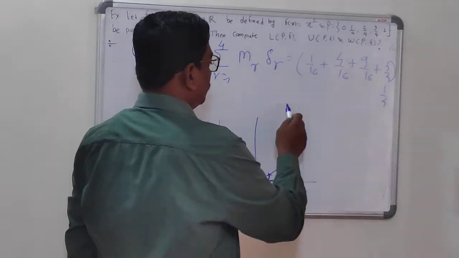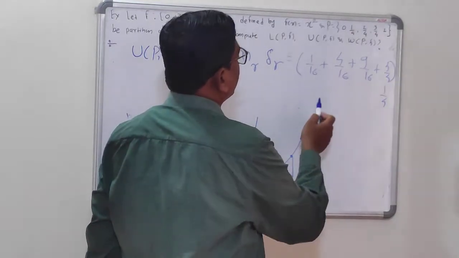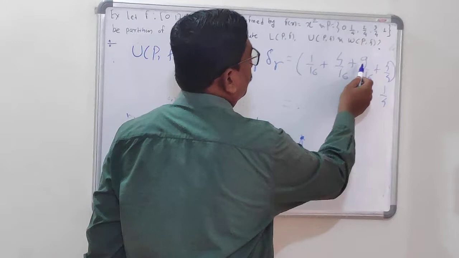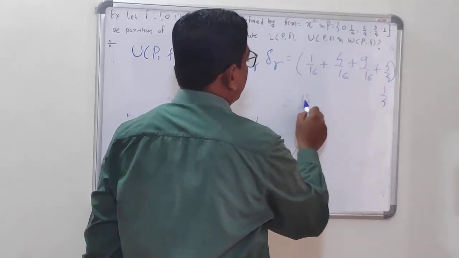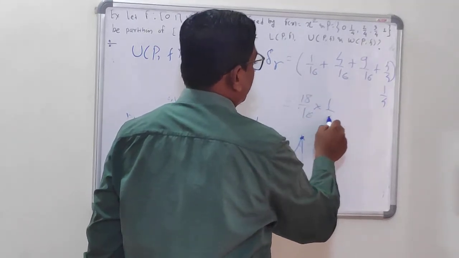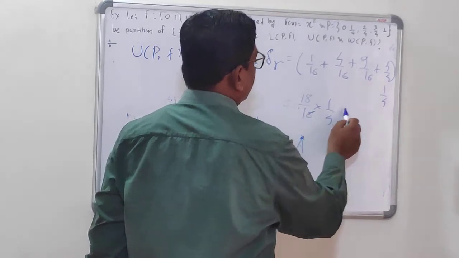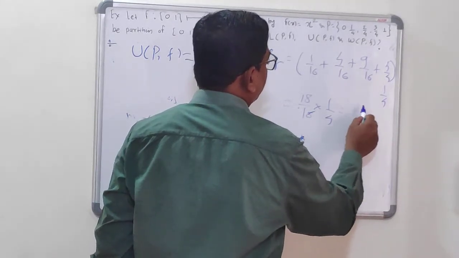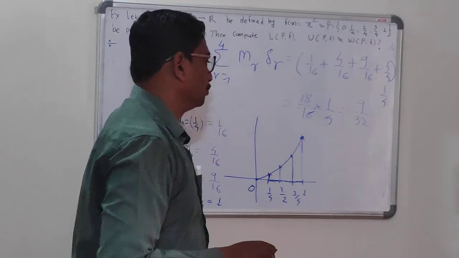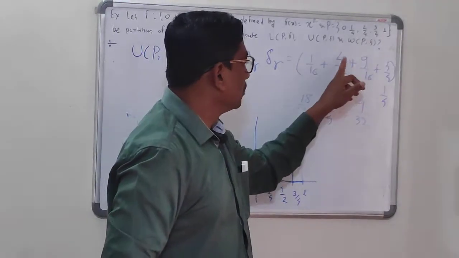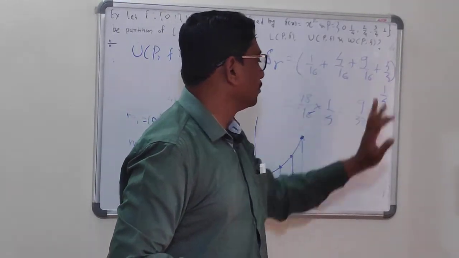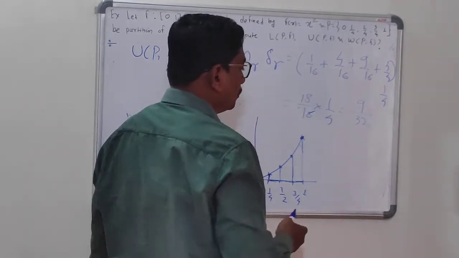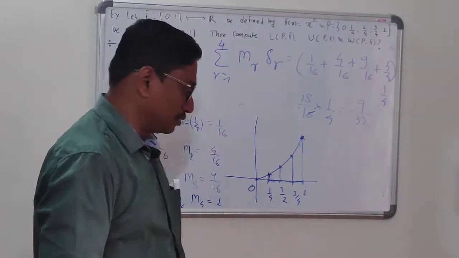So this value becomes 4 plus 4, 8, 9 plus 9, 18 by 16 multiplied by 1 by 4. You also check the calculation. So the denominator is 32, 9 by 32. It's 9 by 32. 9 plus 4, 13 plus 1, 14, 14. Okay, it's 9 by 32. This is the upper Darboux sum.